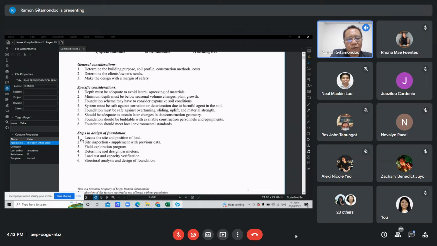Then second, we conduct a site inspection, which can be supplemented with previous data. If there are available data on adjacent structures, then it's better, because it will give us more comprehensive information regarding the soil condition on site.